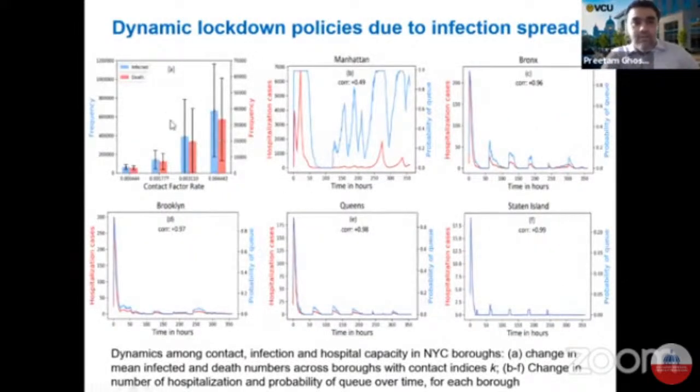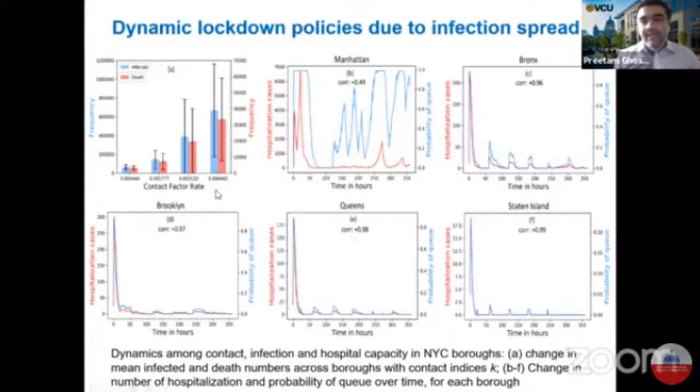We also saw, in this first curve over here, the change in the mean infected and death rates based on contact indices. So essentially, as you keep increasing the radius of the lockdown levels, the number of infections and deaths go on increasing, right? So that's what we are seeing in this first curve.